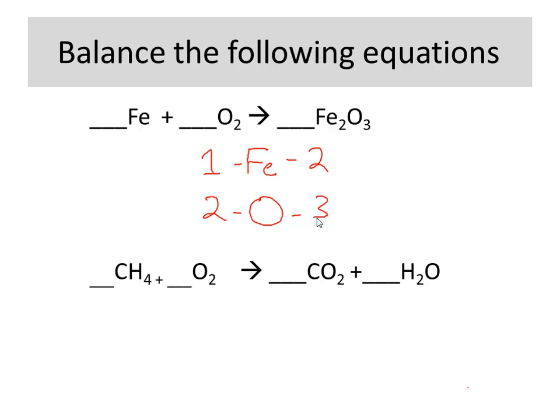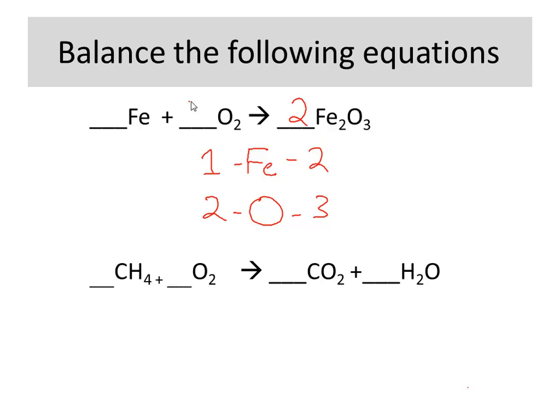What are common multiples that I could make it so they would be equal? What would I have to do, Brandon? What's that? Multiply what by 2? If I have 2 of these and 3 of these, 2 of these, what does that change?